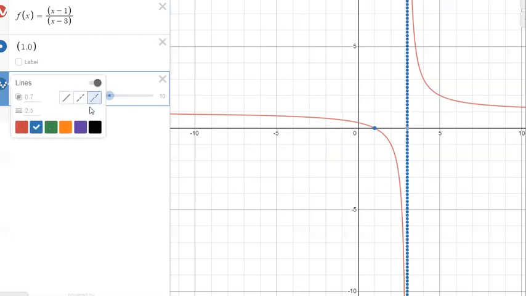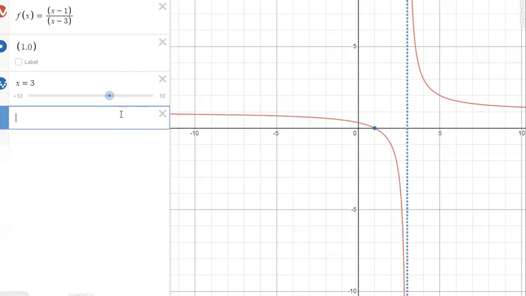Because typically when we do asymptotes, we draw them as dotted lines. So this is going to be the vertical asymptote for this function. Notice that the graph is going to approach the vertical asymptote, but it never actually crosses the line. That's very typical for asymptotes. Once you get close enough to the asymptote, the function is going to start going up and going down at a crazy speed. So that's how the vertical asymptote works.